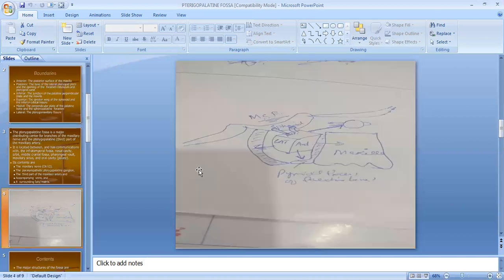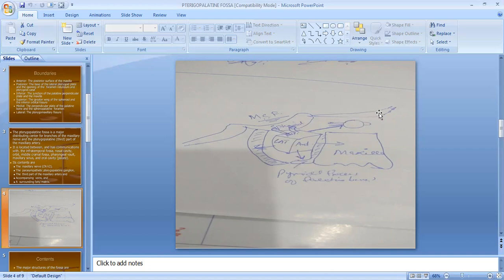So we have discussed the boundaries and location of the pterygopalatine fossa. To understand its location and boundaries, this diagram is important.